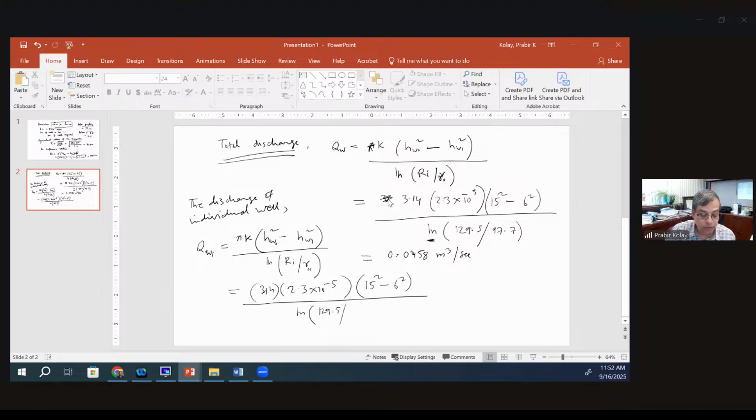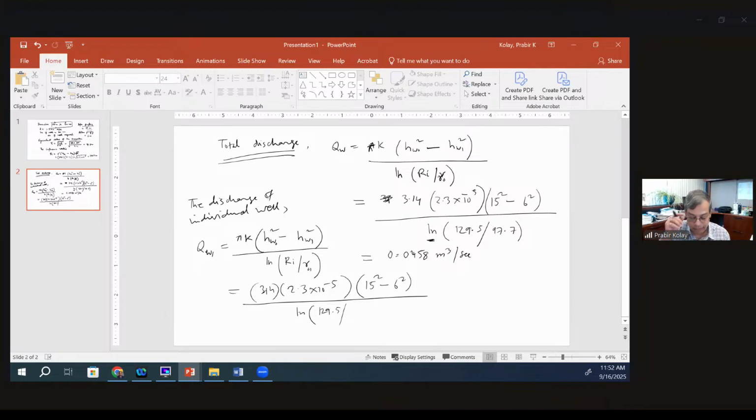And how much is the Rw here? We mentioned it earlier, correct? Initially, the well diameter was given as 200 millimeter.